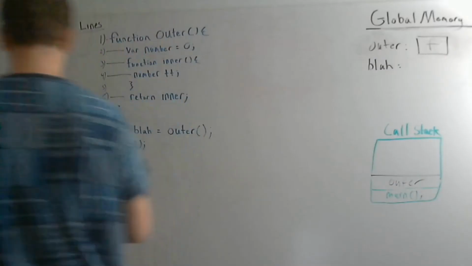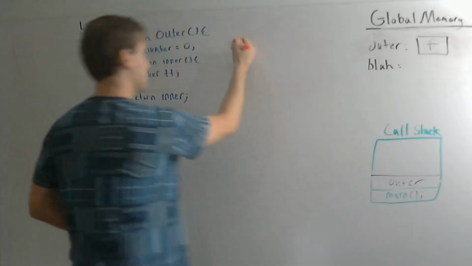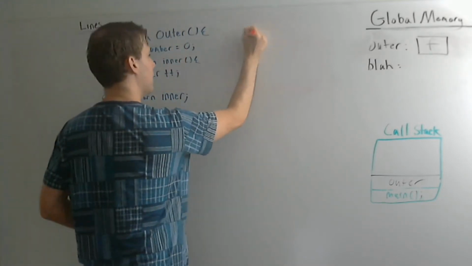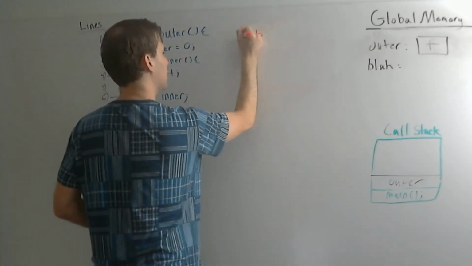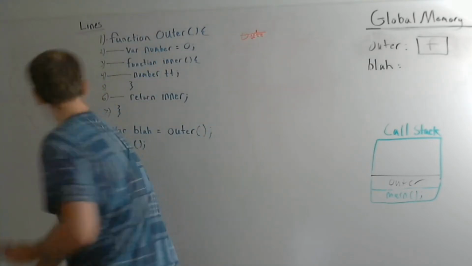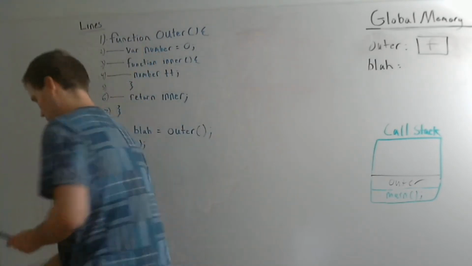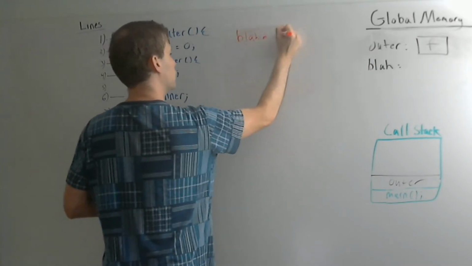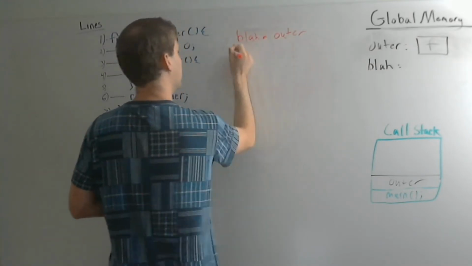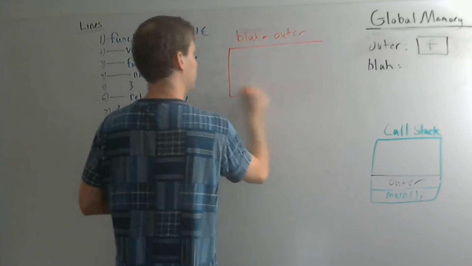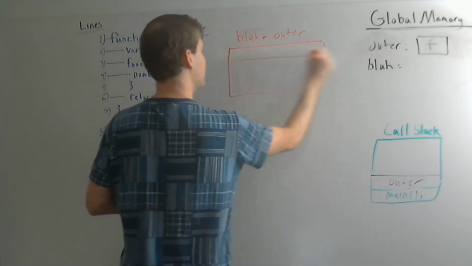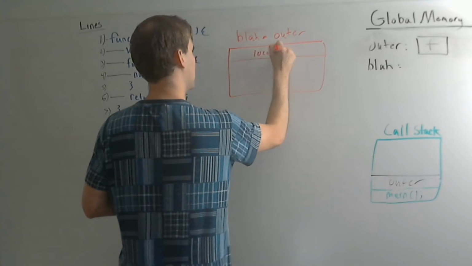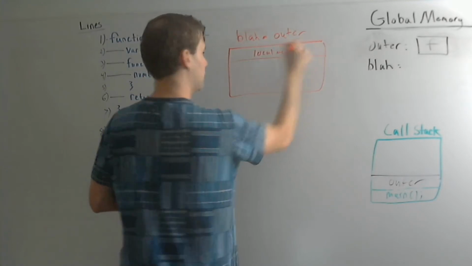I'm going to set the local memory. Hopefully you guys can see this still. We're going to have this represent our local memory, right? We step in. It says local memory. Hopefully you guys could read that.